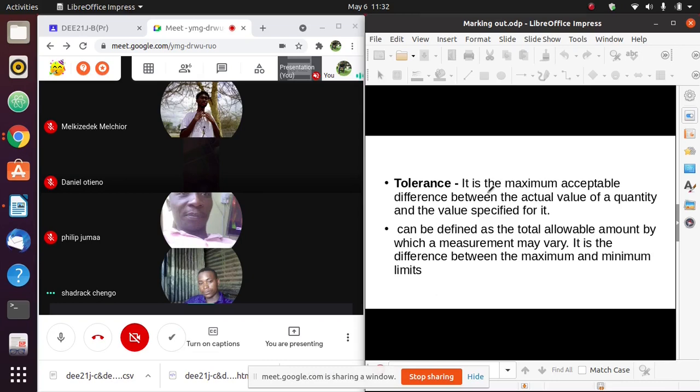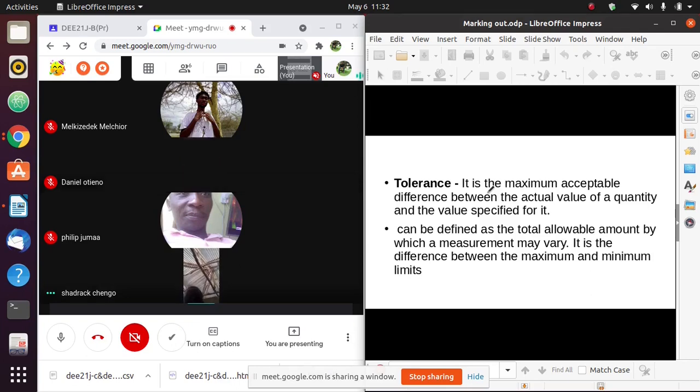I will cut 10.5 centimeters. So in case I want to machine, or in case I want to file, ama nataka kufanya processes, then when I file, for example, I can get the exact 10 centimeters. So that allowable amount by which a measurement can vary is what we term as a tolerance.